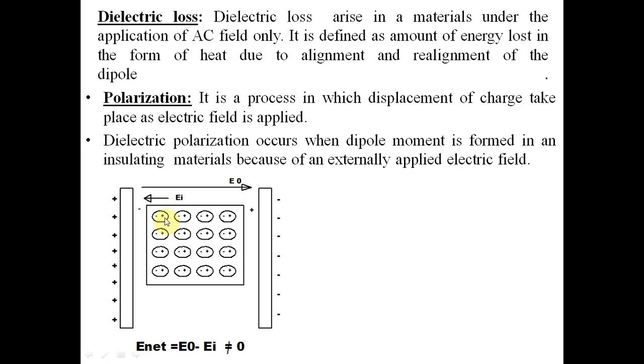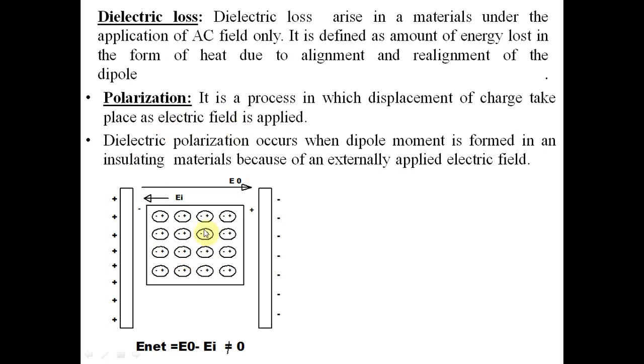Similarly, all the atoms are slightly displaced, like a stretch, with negative at one side and positive at the other side, and alignment takes place. This is where the new word comes in, which is called polarization.